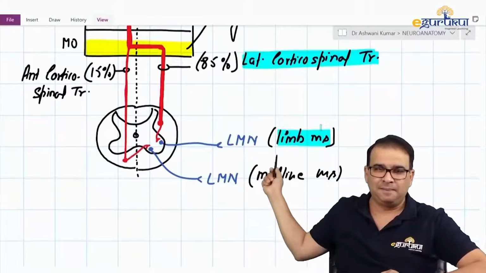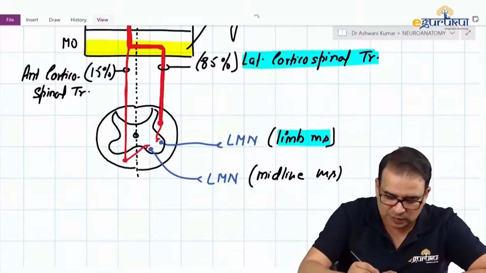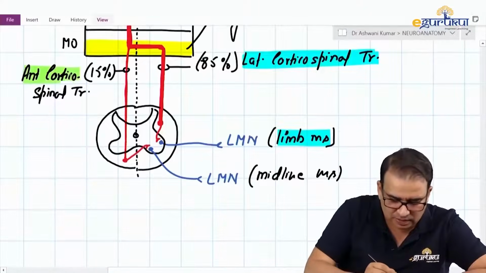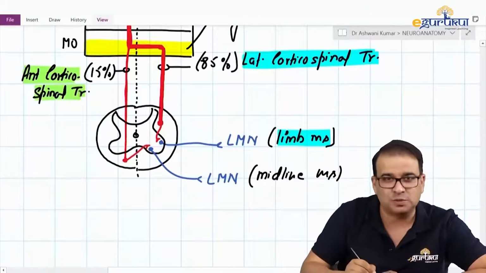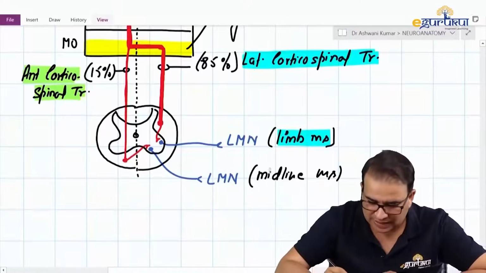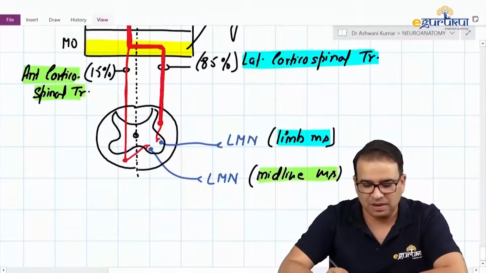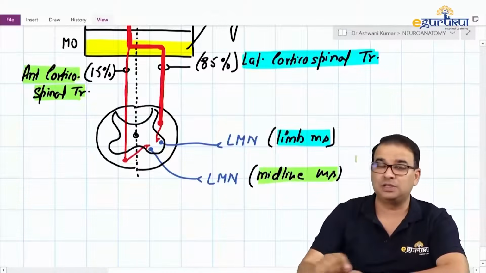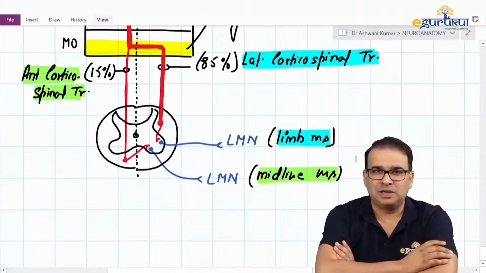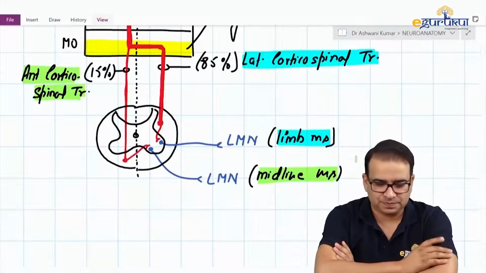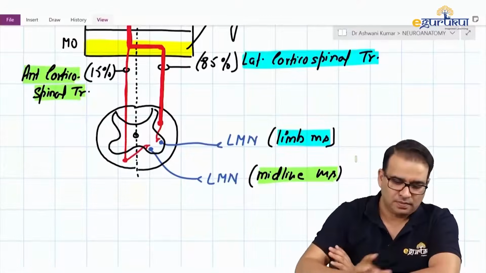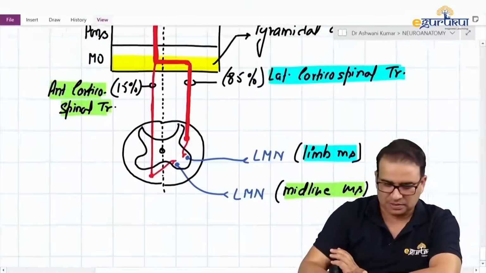Anterior corticospinal tract, on the other hand, decussates at the level of the spinal cord, coming to the opposite side, going to the medial nucleus of the ventral horn, and that's why supplying the midline muscle or axial musculature.